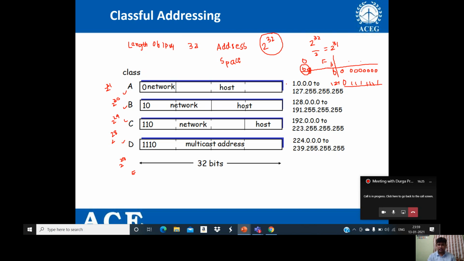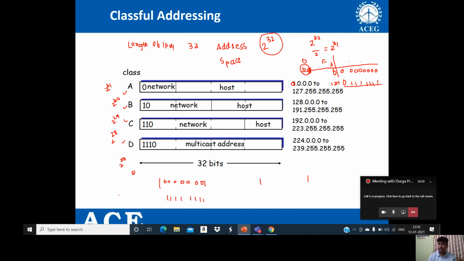So the first byte ranges from 0 to 127, and the remaining 3 bytes can also take values from all zeros to all ones.